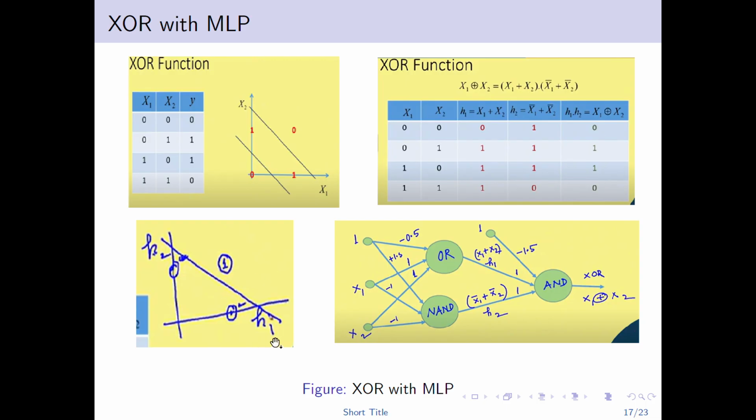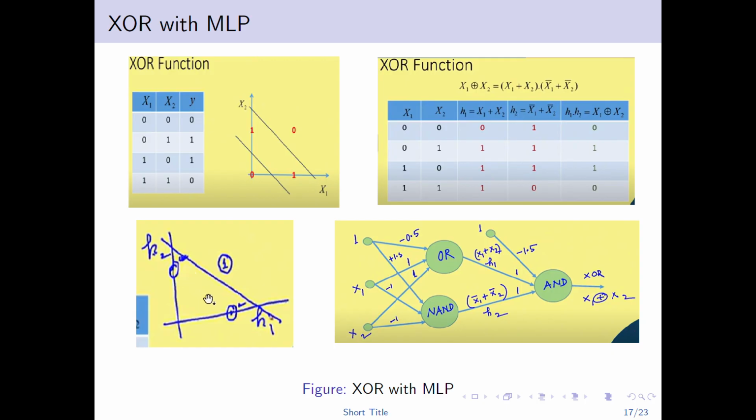If we plot h1 and h2 here, when h1 is 0 and h2 is 1, we get an output of 0. When h1 and h2 are both 1, we get an output of 1. When h1 is 1 and h2 is 0, we get an output of 0.